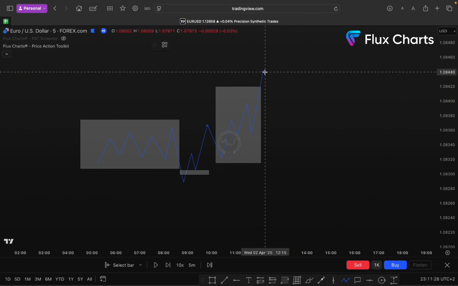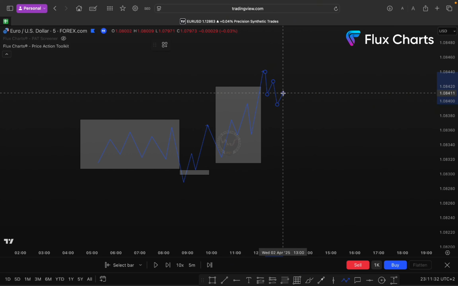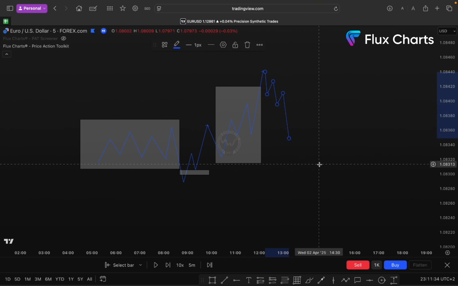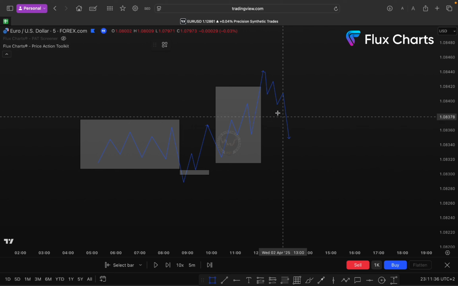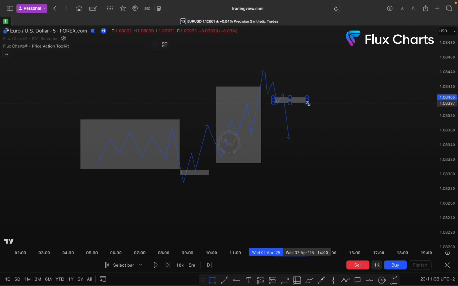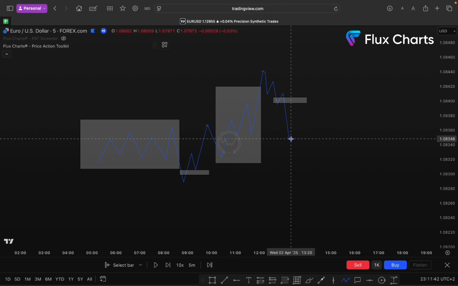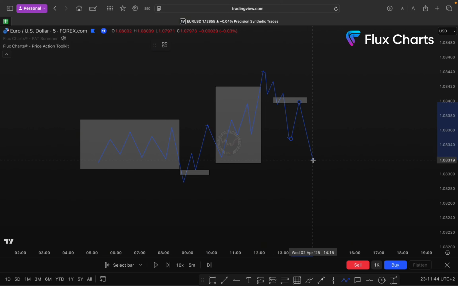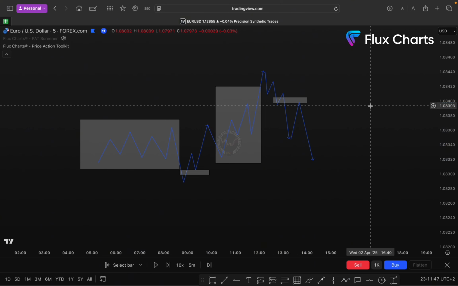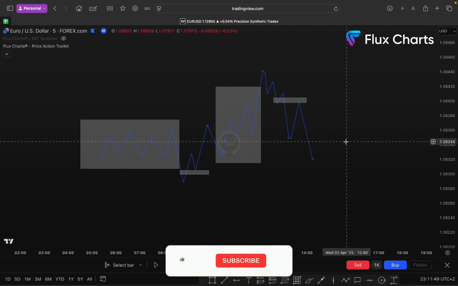So what we want to do, we want to wait for price to create a fair value gap, and then we want to trade back into this fair value gap, and then we want to continue the trade for 1 till 2 risk to reward trade.